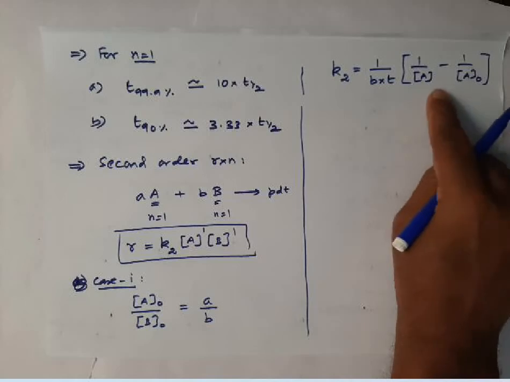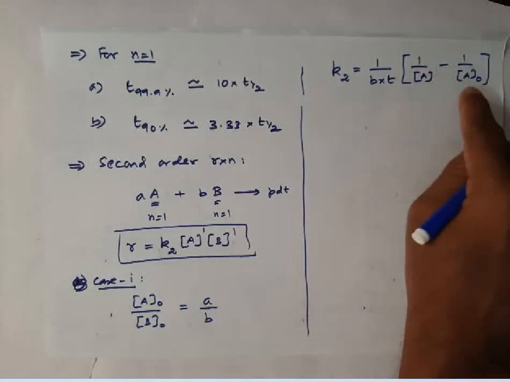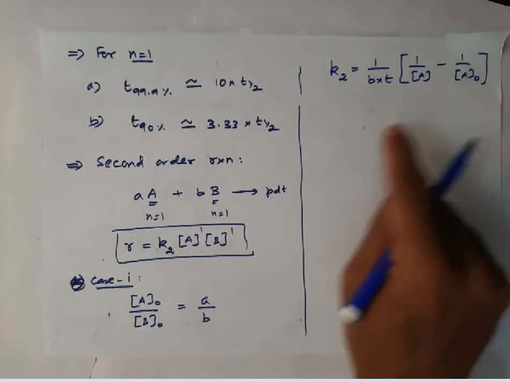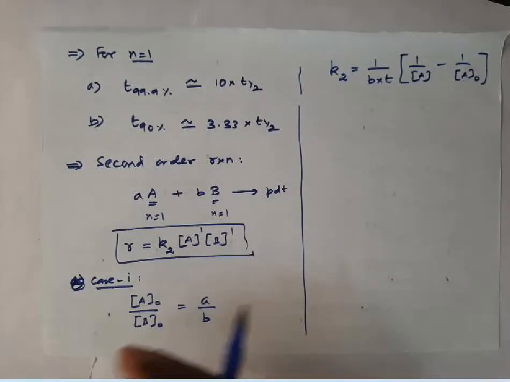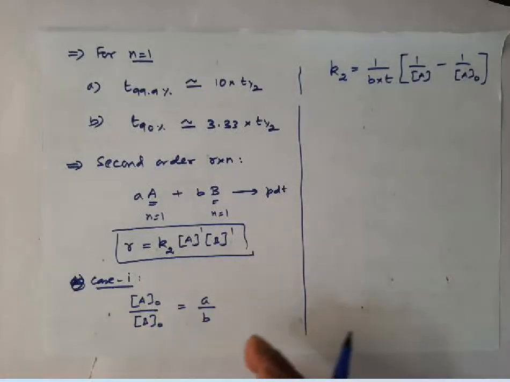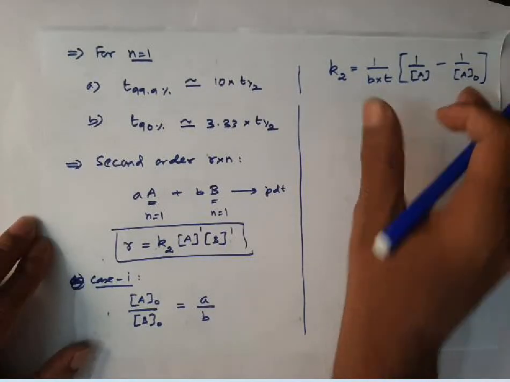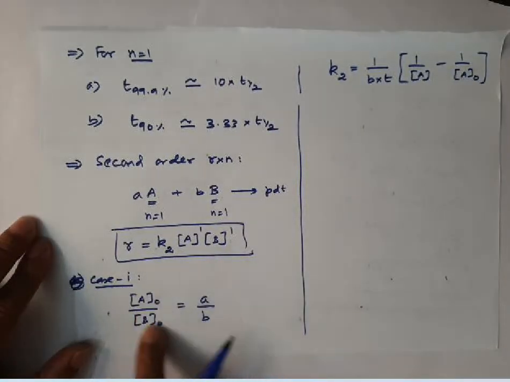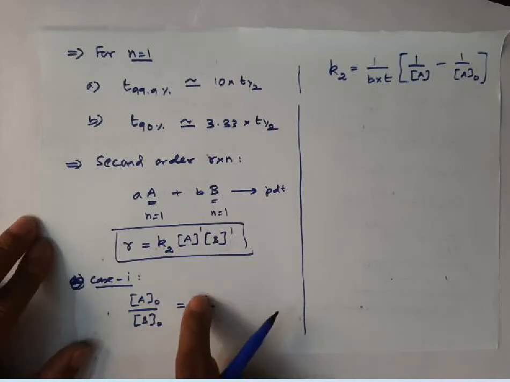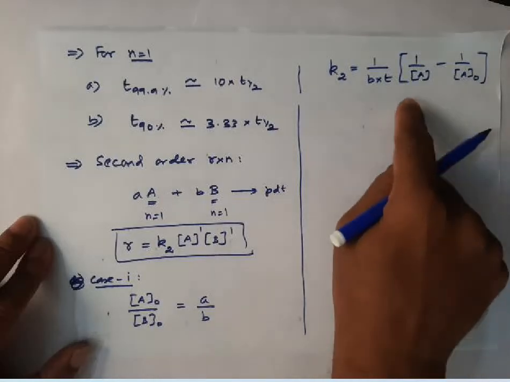Listen, here I have written the expression in terms of the concentration of A alone. Okay, yes, we can rearrange and write the expression like this. This is the general expression for the rate constant if this is maintained, that is, the ratio of the initial concentrations is equal to the ratio of the stoichiometric coefficients, right?